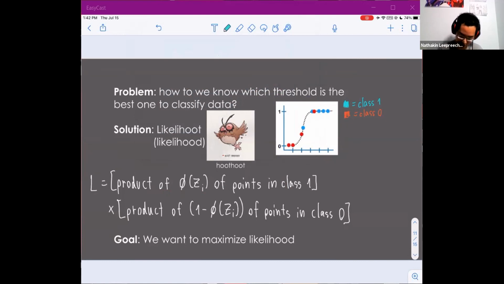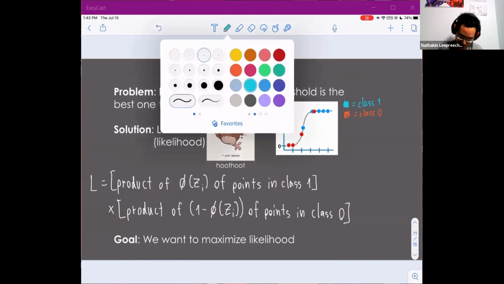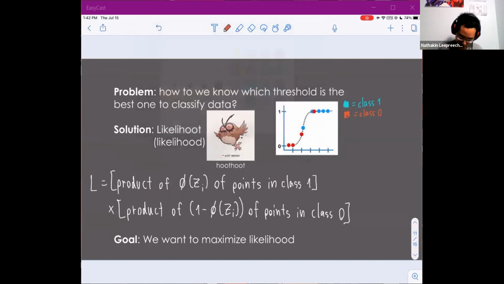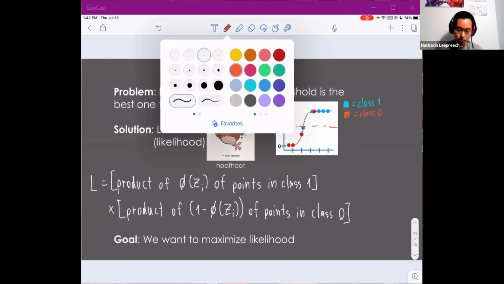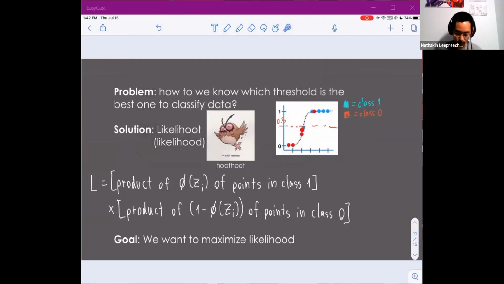So let's calculate this. If we set the threshold at 0.5, let's assign that.